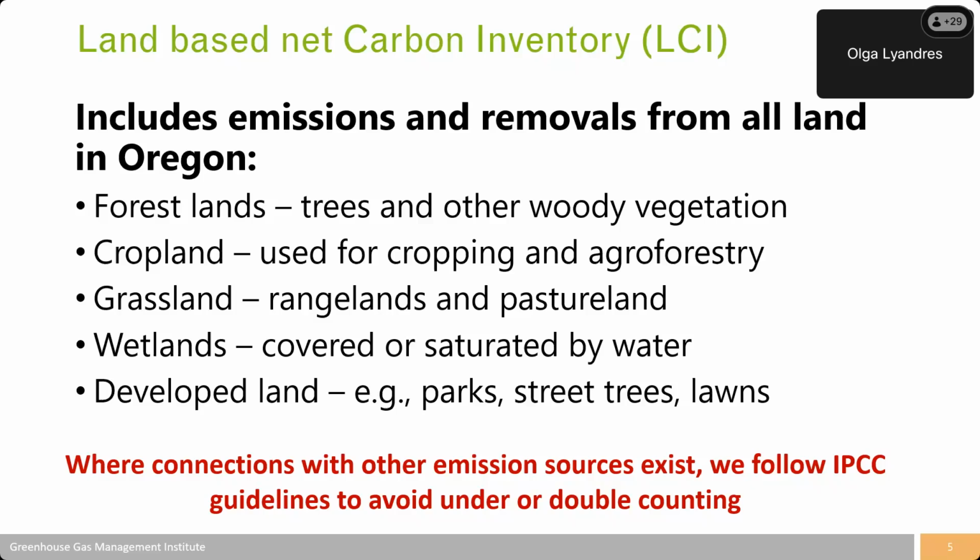And so in order to make sure that we're not double counting or undercounting something, we're following the IPCC guidelines, and we're looking at the national inventory as well, which is consistent with the IPCC guidelines, to ensure that we are properly accounting for various emission sources where it's not always clear where they should be.